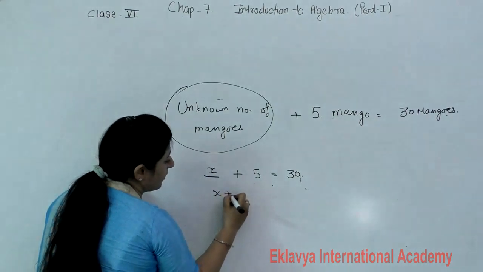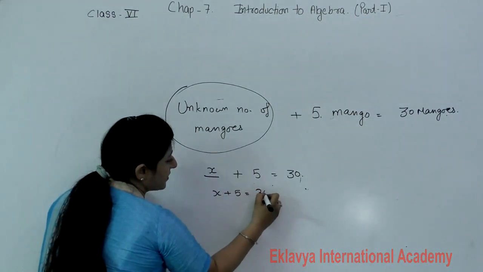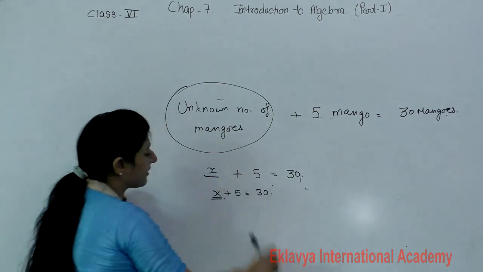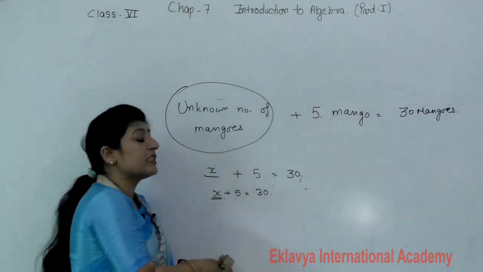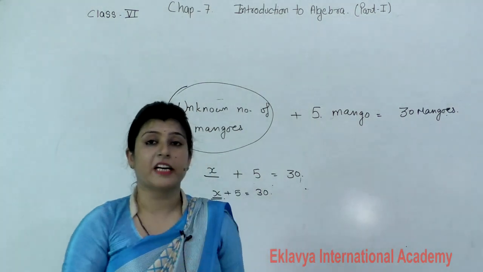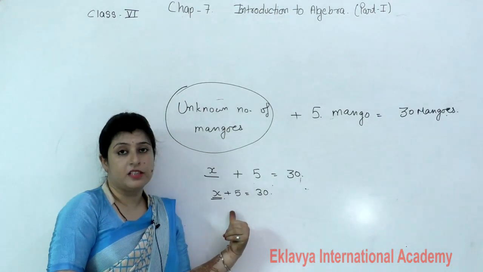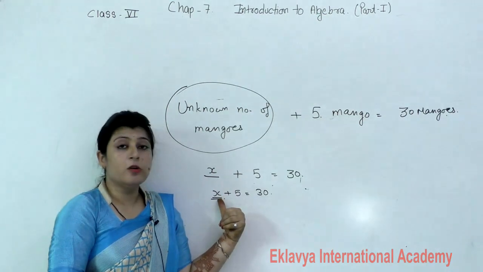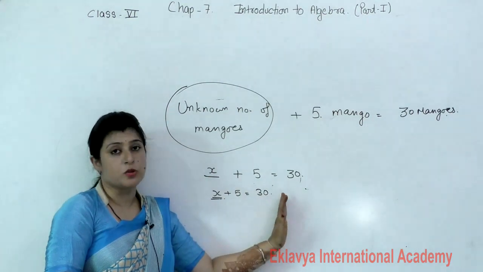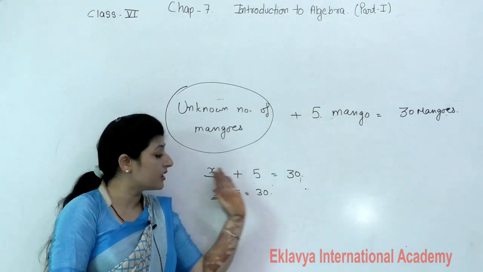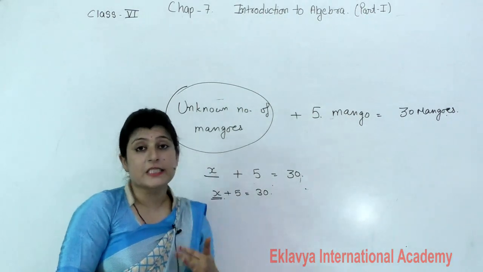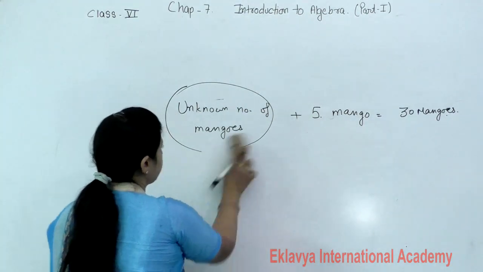So we can write x plus 5 is equal to 30. We don't know the value of x. Solve this equation, then we will find out the value of this unknown variable. This value depends on the question. This answer depends on the question.